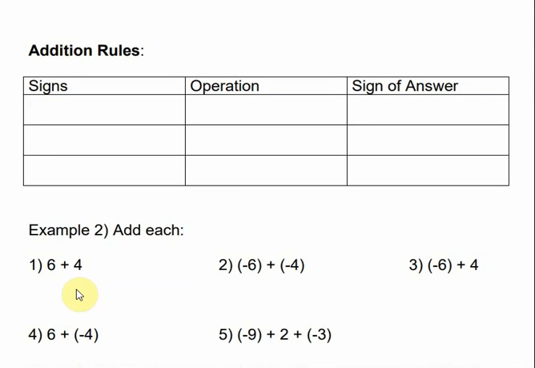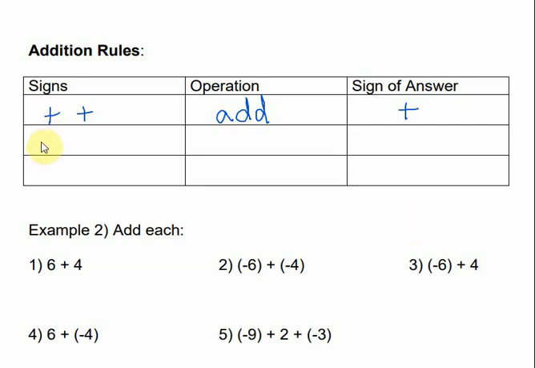Okay, so let's summarize the rules. Actually, let me do it with the symbols. If our signs are both plus, positive and positive, then we're going to add, and the sign of my answer is going to be positive.